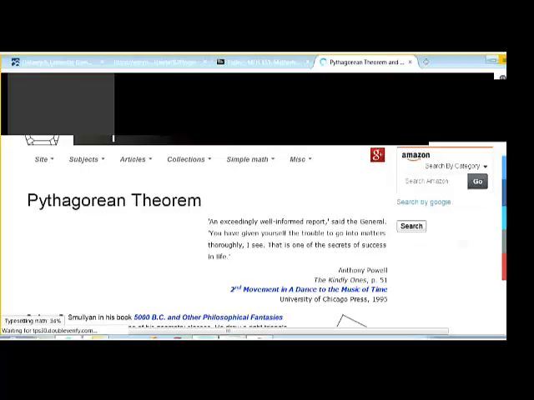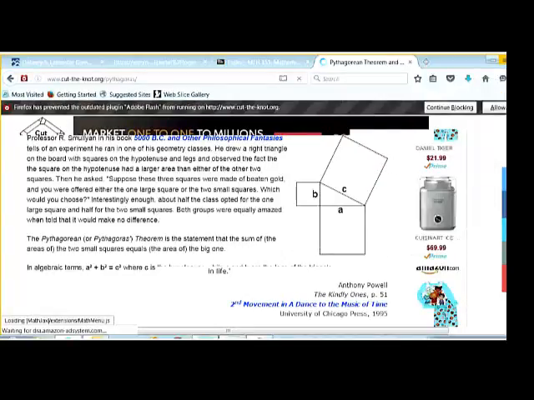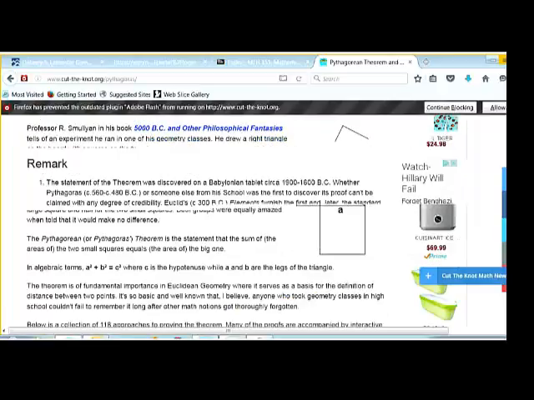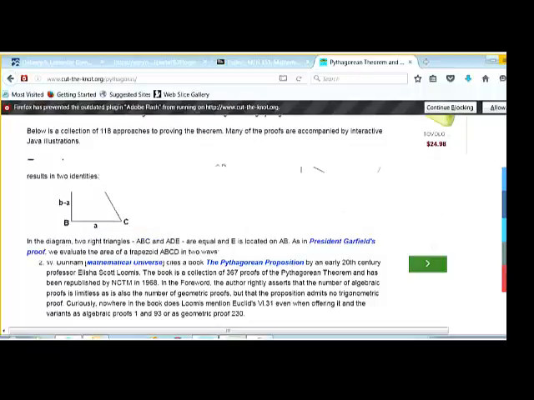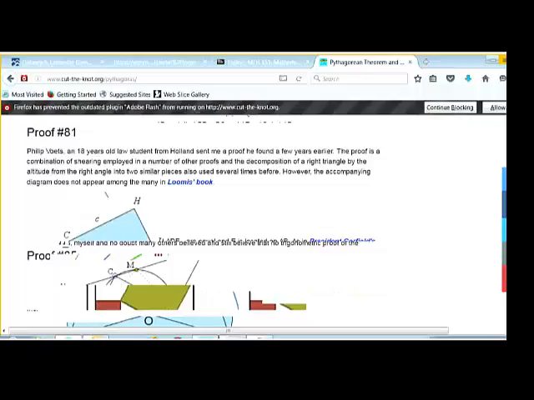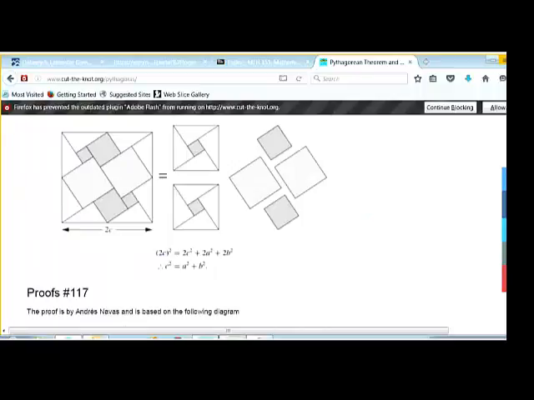You can go online and just search for Pythagorean theorem proofs, and they actually show some of the proofs, including the original proof by the Pythagoreans. Obviously we're not going to go through all these proofs, but I just wanted to show you. So right there are 117 different ways of proving that the Pythagorean theorem is true.